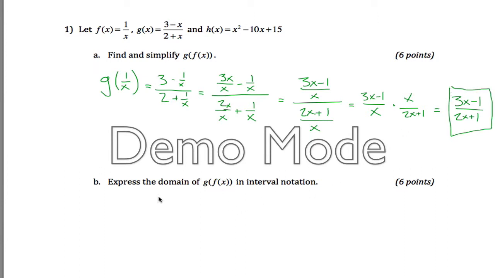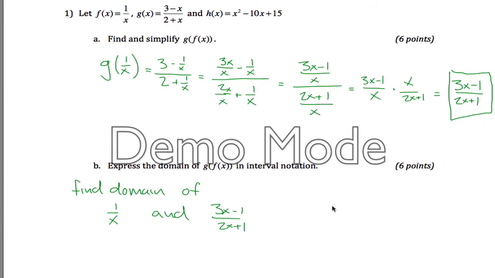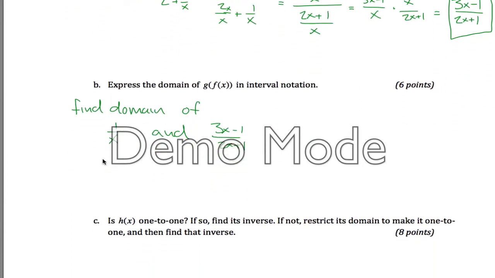All right, to figure out the domain, what I need to do is find the domain of, first of all, the inside function, f of x, and then the composite function, 3x minus 1 over 2x plus 1. So I'll figure both of these out separately. Over here it's easy.